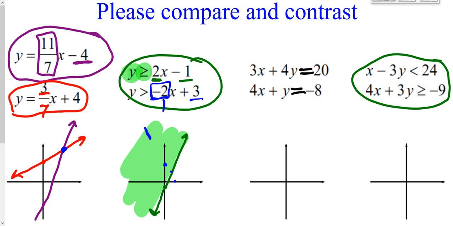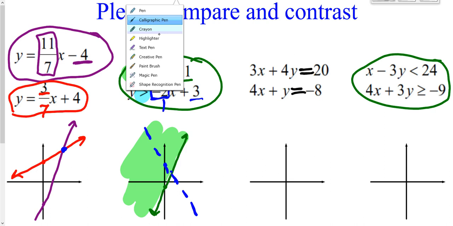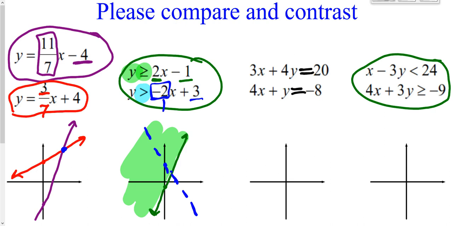But because when we look at our inequality here, there's no equal to, it's only a greater than, you need to graph it with a dotted line versus a solid line like on the last one. And then once again, when you look at your blue shaded inequality, you want to know what's above that. And so then you're going to shade above that blue dotted line.